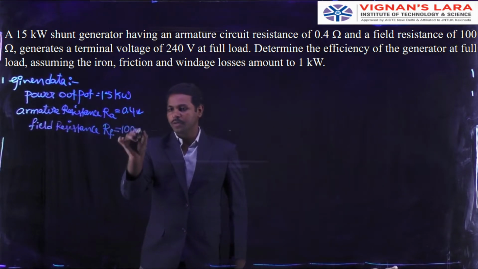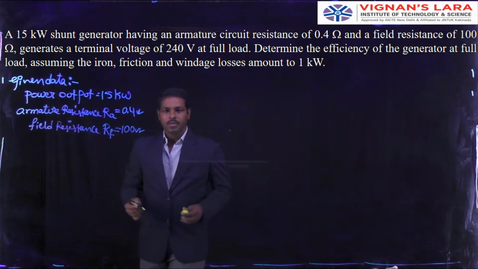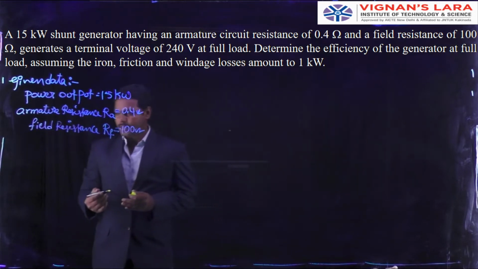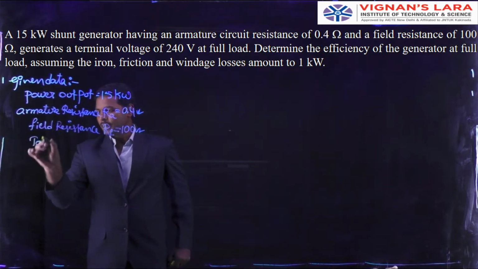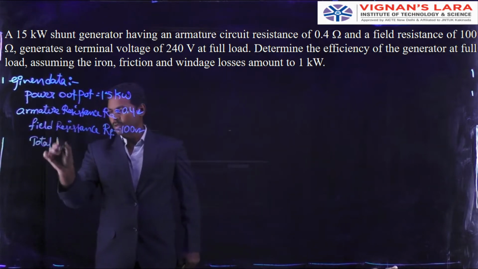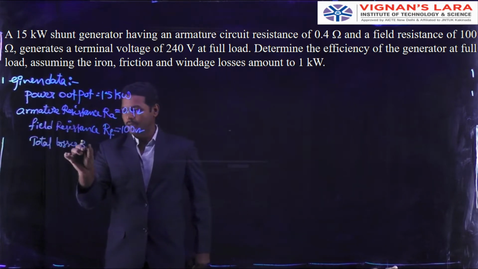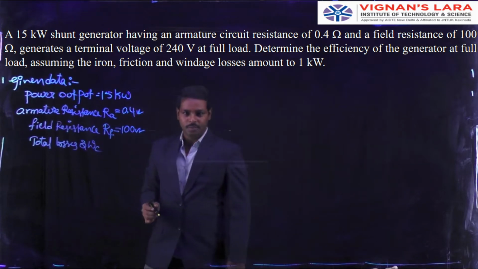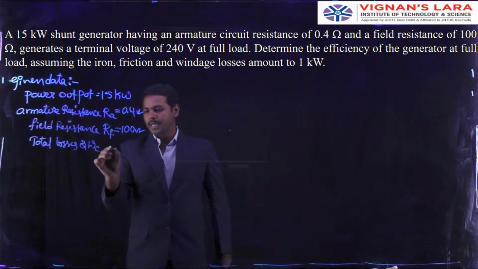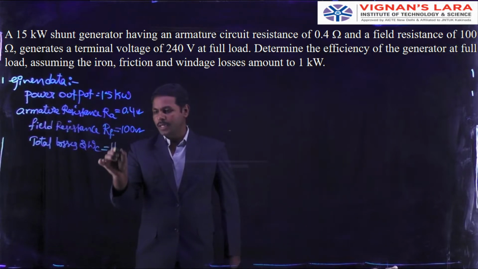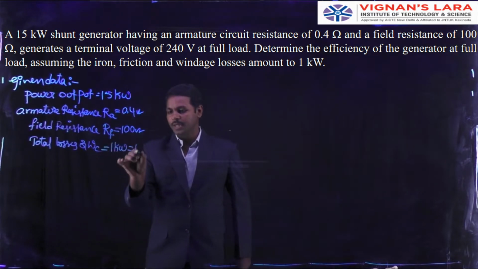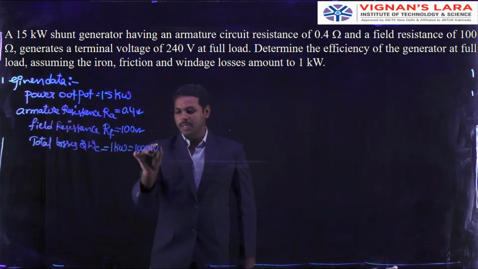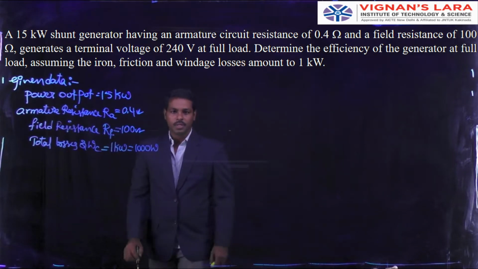Another one is the total losses or constant losses, denoted by WC, which is equal to 1 kilowatt, which is also equal to 1000 watts.